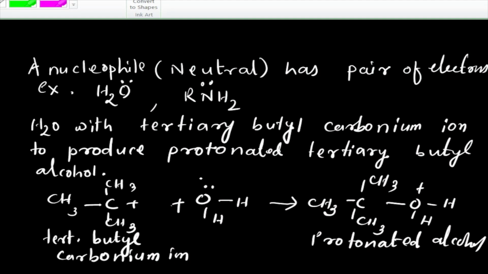Now this electron pair is delocalized to this carbon. The CH3 groups remain as they are, with a single bond to O plus HH. So it is called protonated alcohol. Tertiary butyl carbonium ion gives protonated tertiary butyl alcohol.